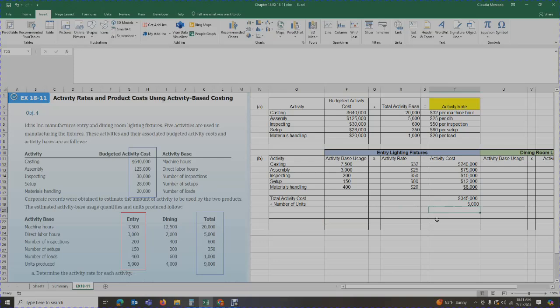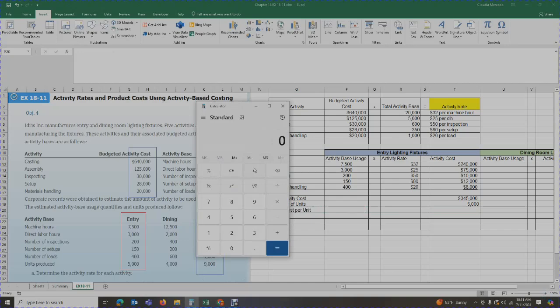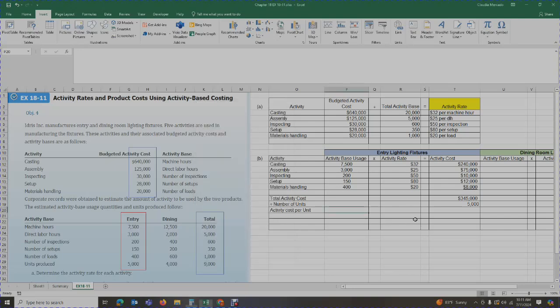So we take the $345,000 divided by the number of units, which is 5,000, and that gives me my activity cost per unit. 345,000 divided by 5,000 units gives me a cost of $69 per unit. You can just do 345 divided by 5,000 and it gives you $69.